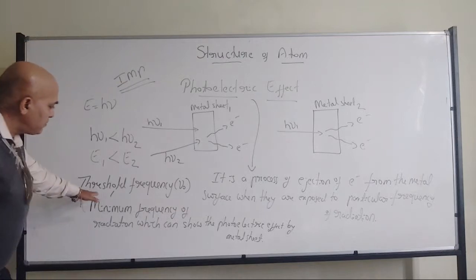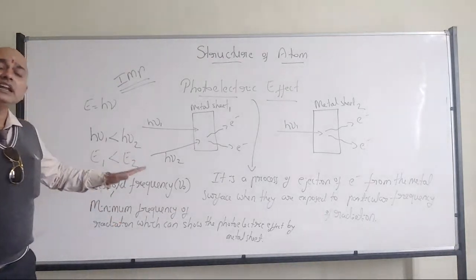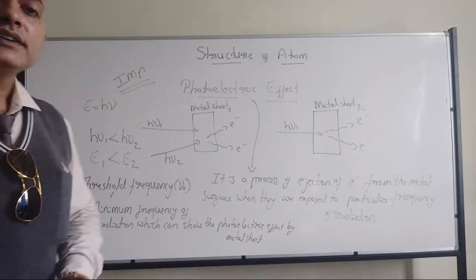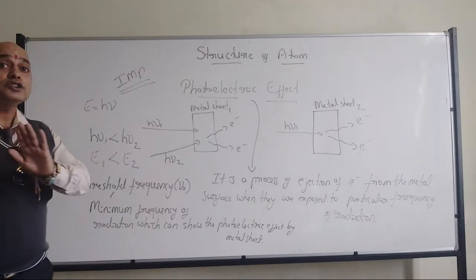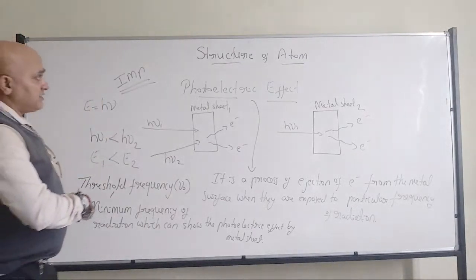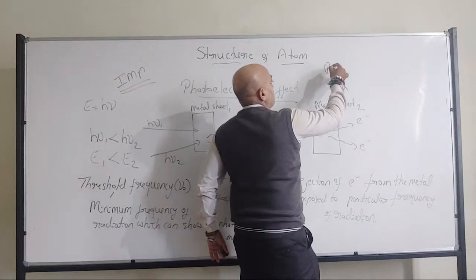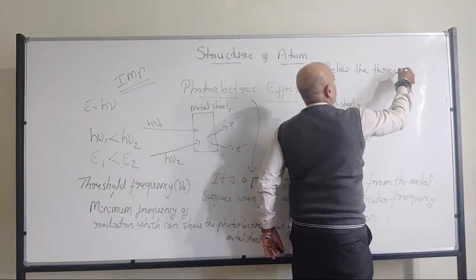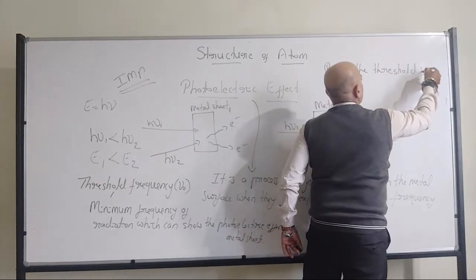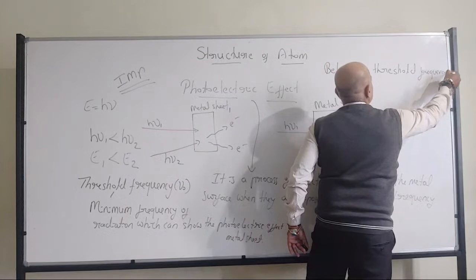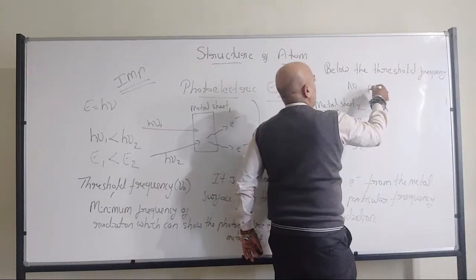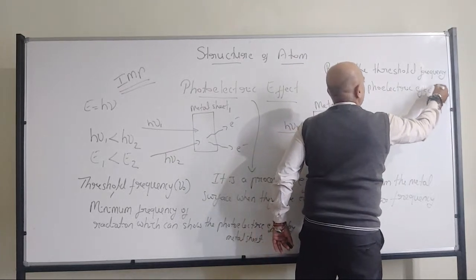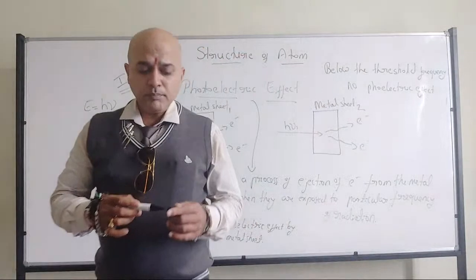So anything above threshold frequency, definitely it will have the photoelectric effect, but anything below the threshold frequency cannot show the photoelectric effect. Below the threshold frequency, no photoelectric effect. Now you got the point.